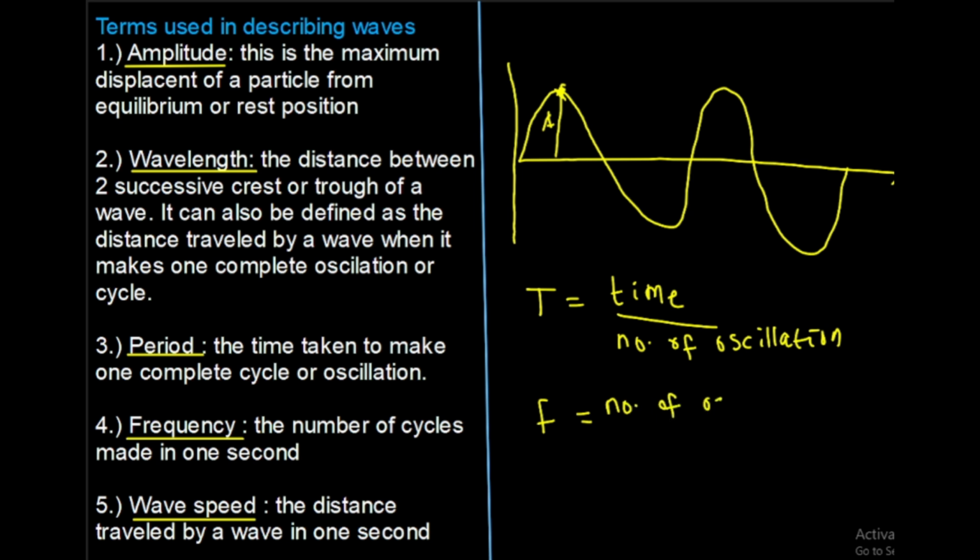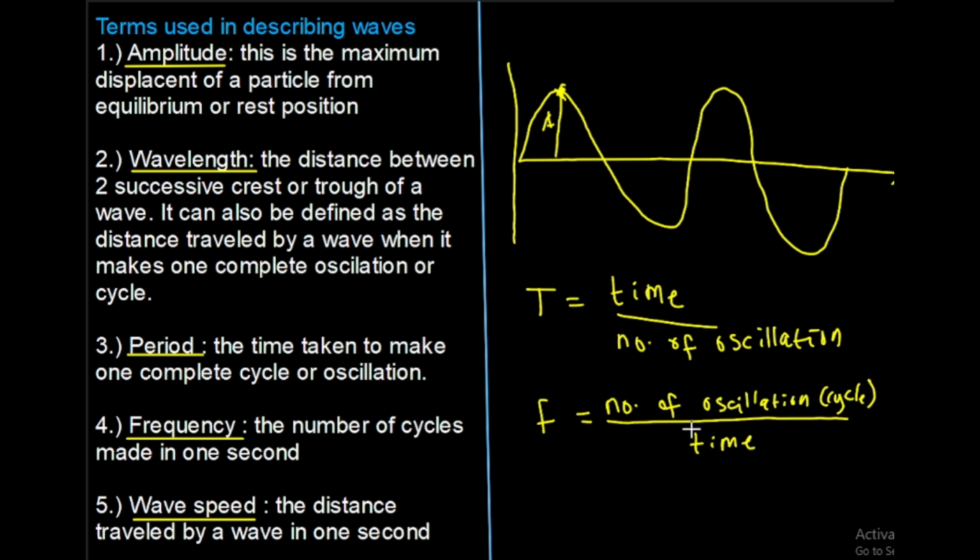Number of oscillations is still the same as cycles; in this case, we'll be using cycles most times. So period is time taken to make one oscillation or cycle, equal to time over number of oscillations. Frequency is number of oscillations or cycles divided by time.